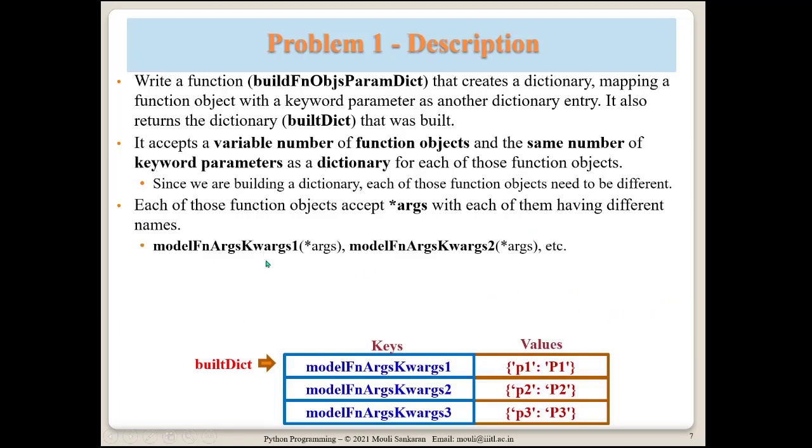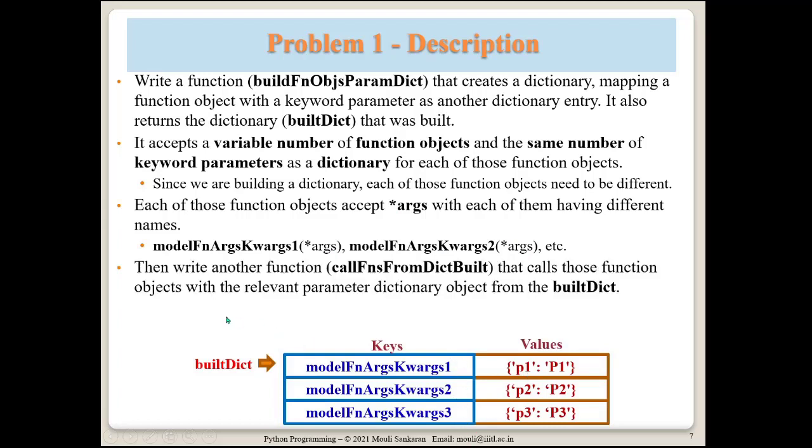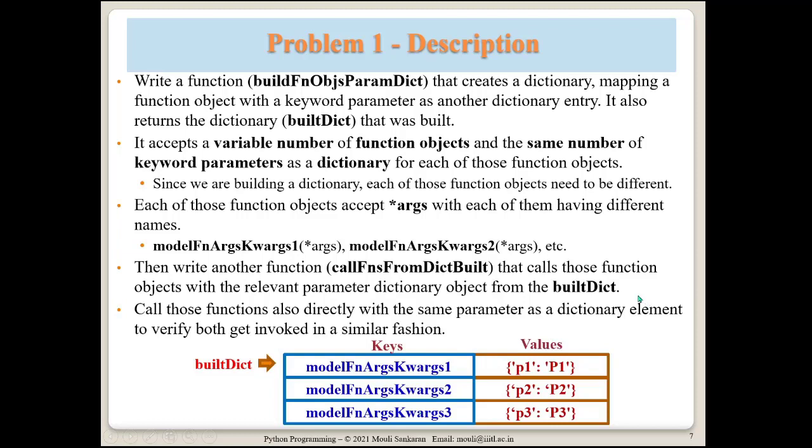These are multiple instances of those functions, each of them accepting args as a value, because you need multiple avatars of the same function. Now write another function which will call from the built dictionary. So one is to build the dictionary, another one is to call this function from the dictionary. That function will be passed this parameter, which is the dictionary which is built.